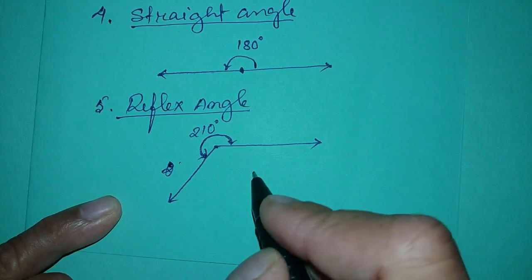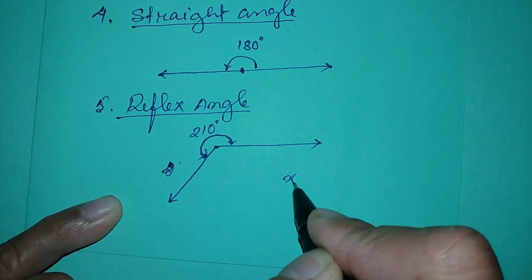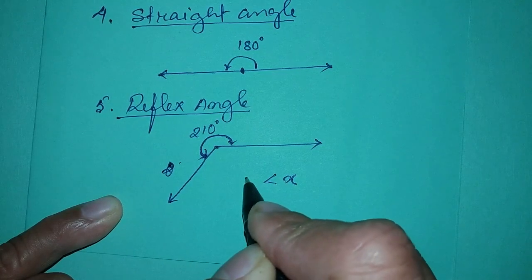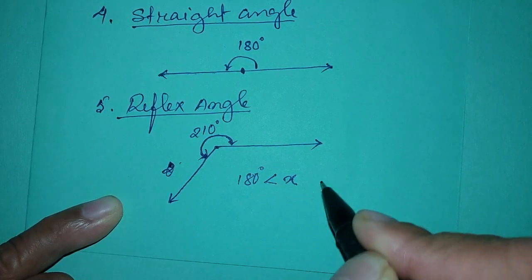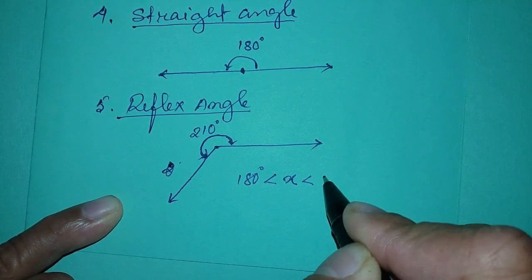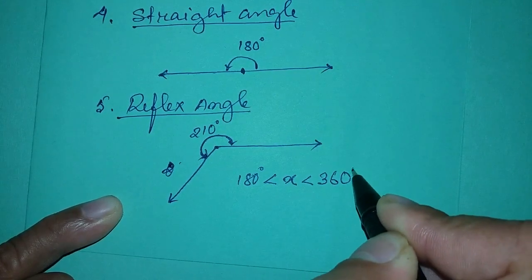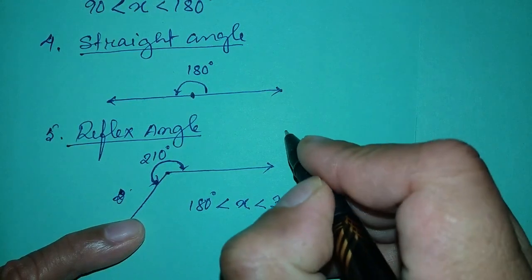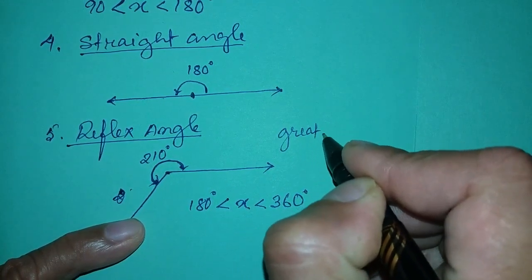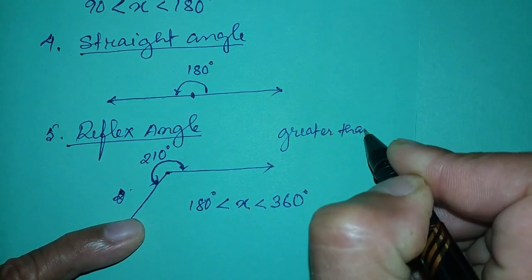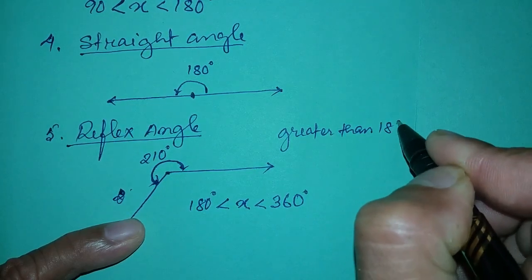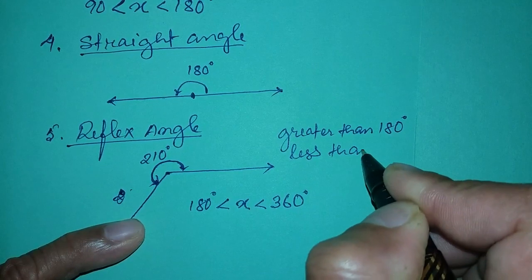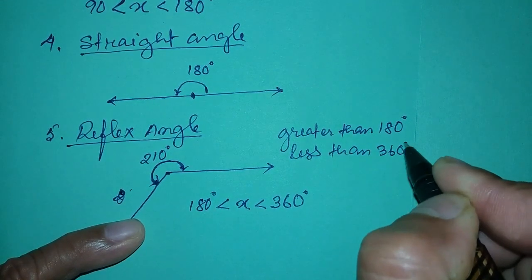So reflex angles are those angles whose measurement is greater than 180 degree and less than 360 degree.